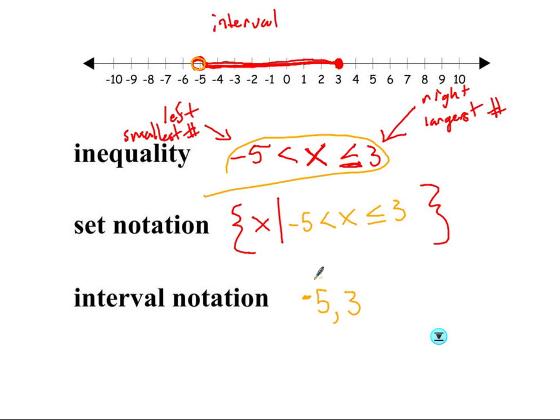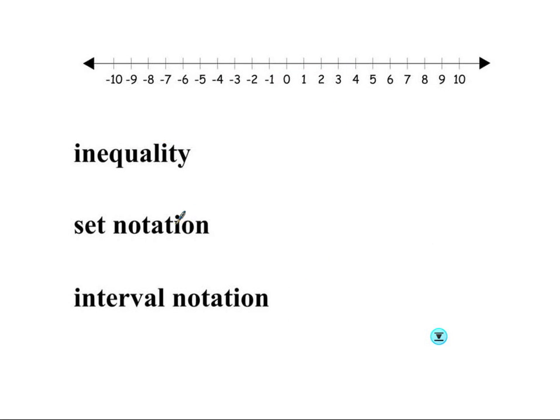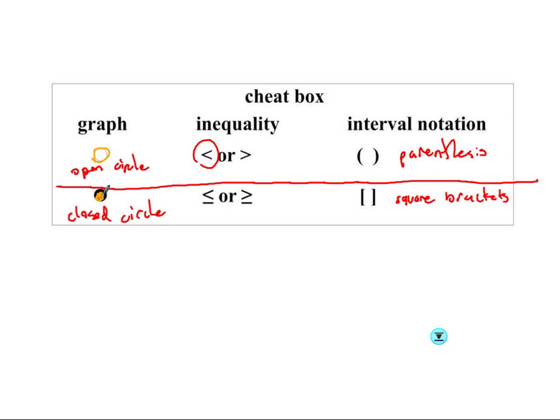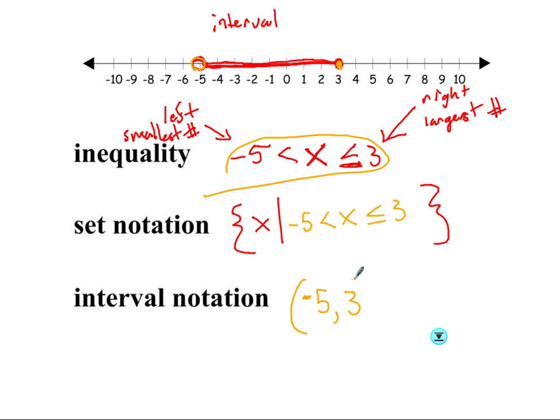So since we have an open circle by negative 5, we have to use parentheses right there. Now, since we have a closed circle at 3, closed circle means that you always have to use a square bracket. So that means at 3, we have to use a square bracket. And so here we have the interval notation.